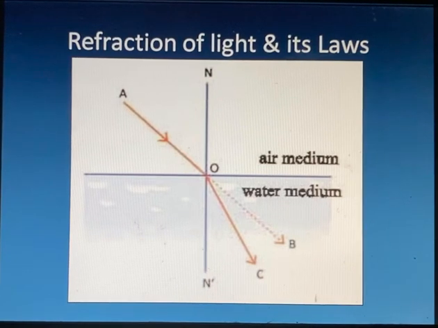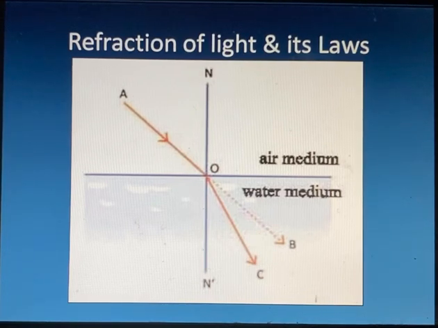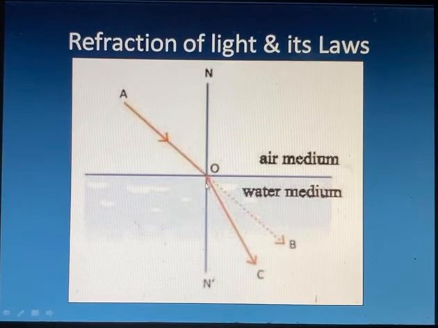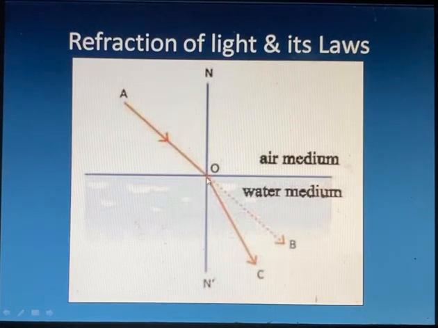And what are the laws of refraction? There are two laws. One is first, another is second law. First law states that the incident ray, the refracted ray, and the straight line drawn on the surface, of course, on the changing space of the air medium and water medium or any medium, all lie at the same plane.